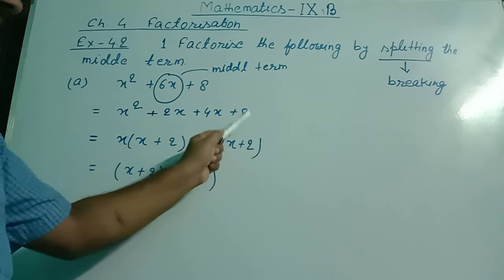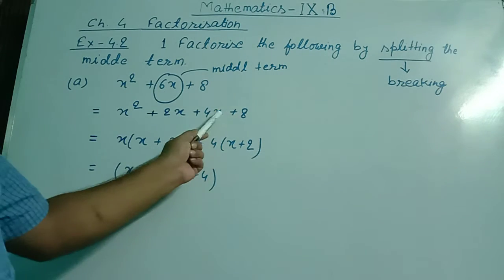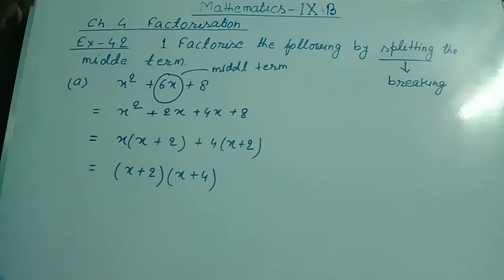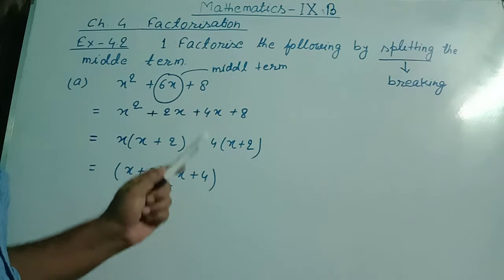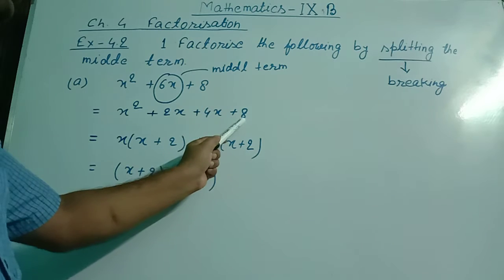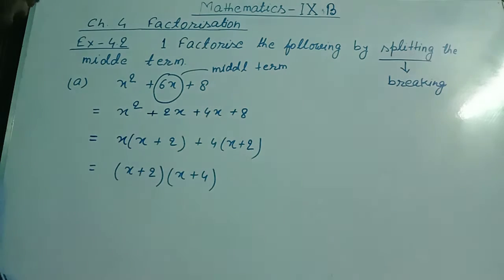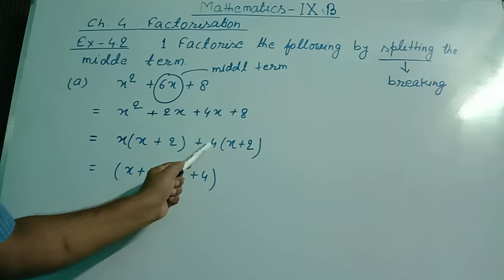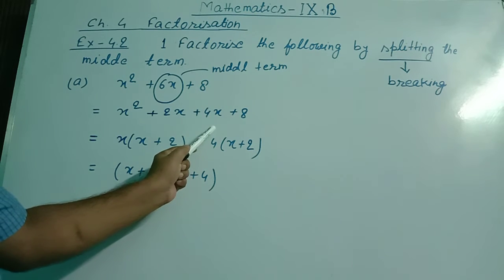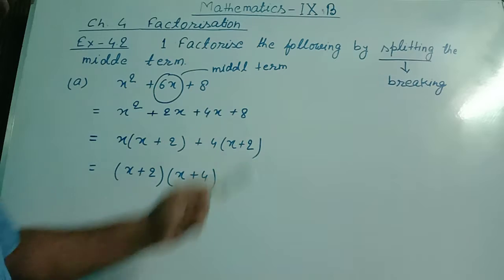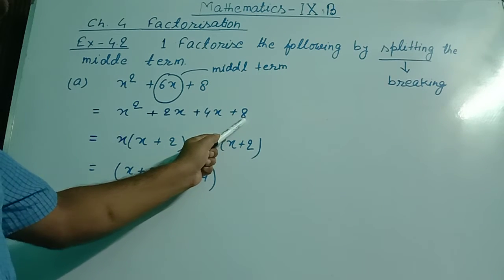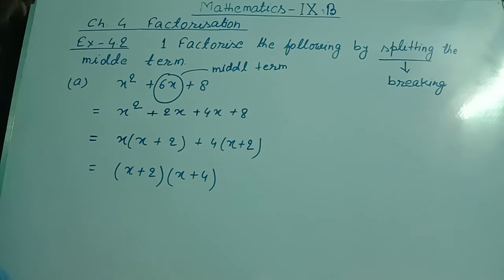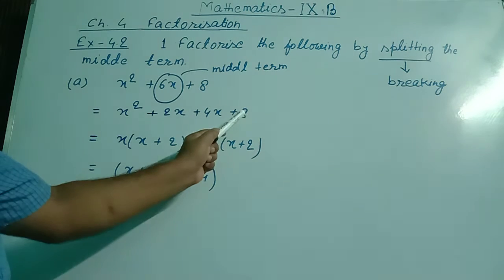Now from the last two terms, we see x is not common, but 4 we can take as common because this 8 is also a multiple of 4. To take the constant term as common, we should check whether it is a multiple of the other one. Yes, 8 is a multiple of 4.